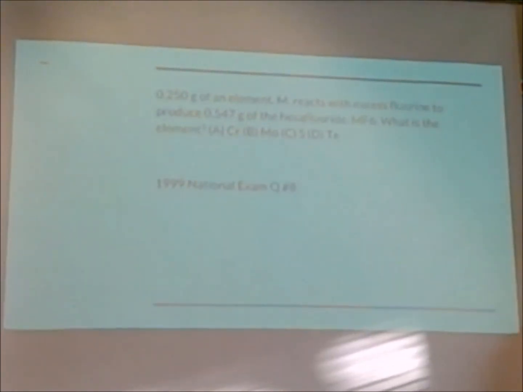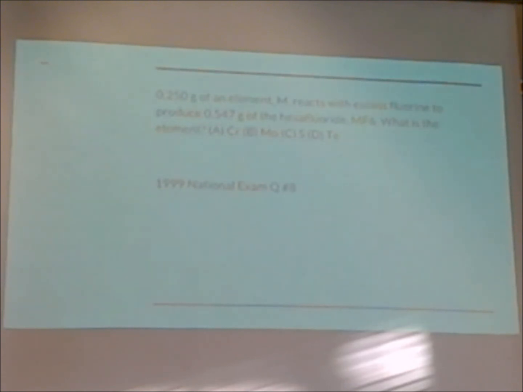So we're going to go from that many grams, 0.250 grams of M, equals this many moles, 0.0026 moles of M, times 1 mole of M is, we don't know how many grams it is, correct? Yes. X grams of M.